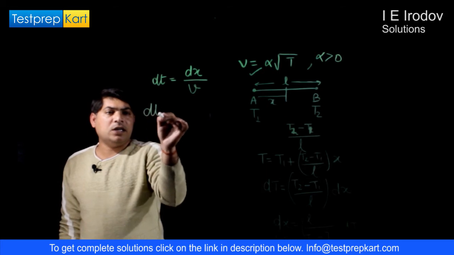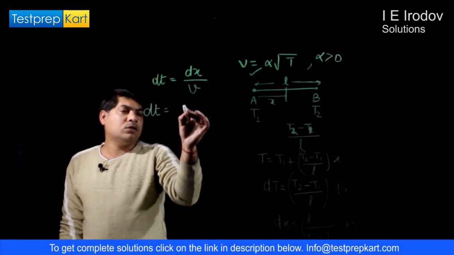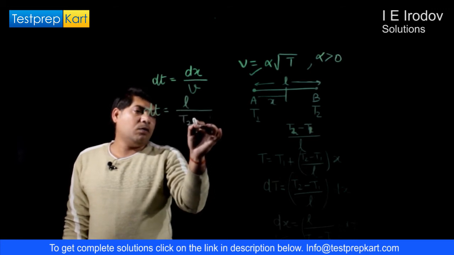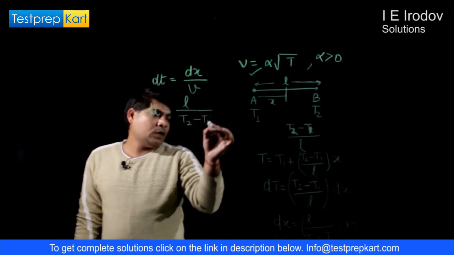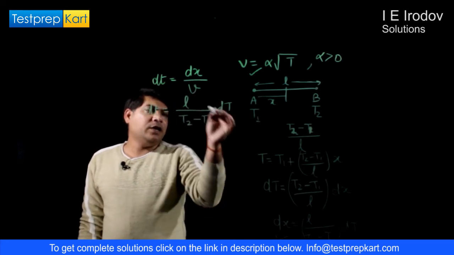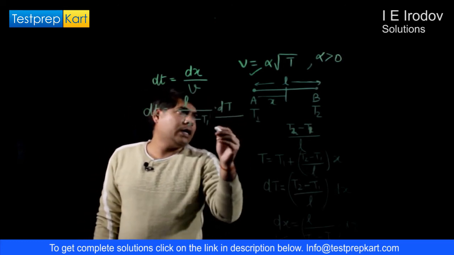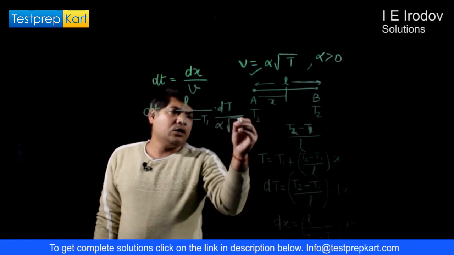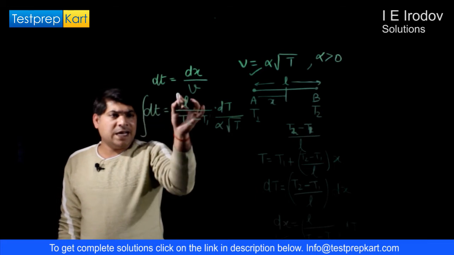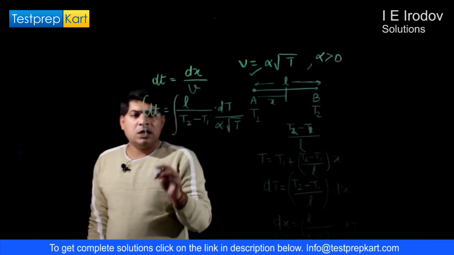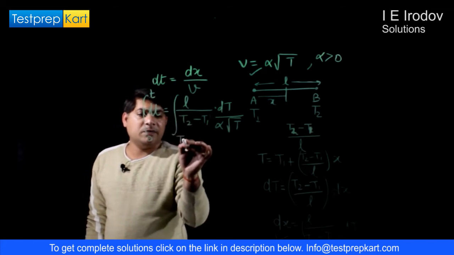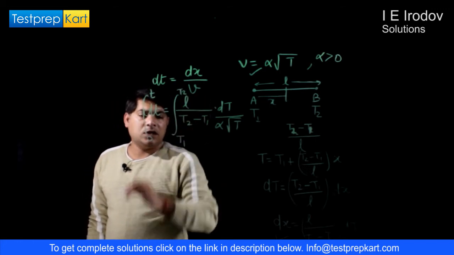So dt equals L over (T2 minus T1) into dT, over v, and v can be written as alpha root T. For total time, we can integrate from 0 to t and from temperature T1 to T2.